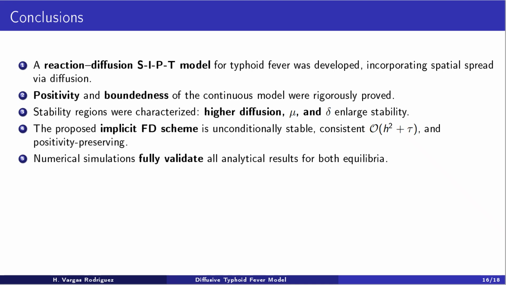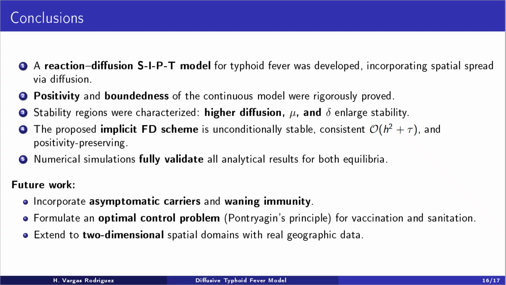Higher diffusion and mortality rates enlarge stability. The proposed implicit finite difference scheme is unconditionally stable, consistent of order h squared plus tau, and positivity preserving. Numerical simulations fully validate all analytical results for both equilibria.